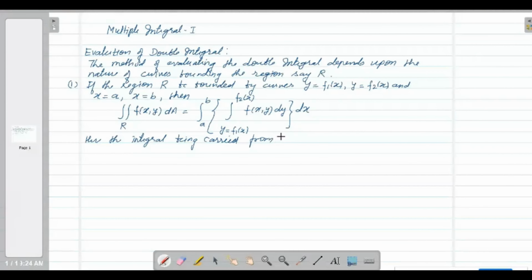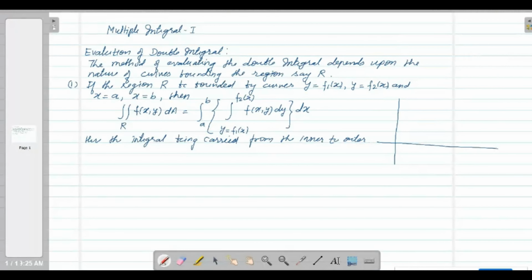This means we first evaluate the inner integral with respect to y by treating x as a constant. Now see here, how to evaluate this integral. We will first sketch the diagram.